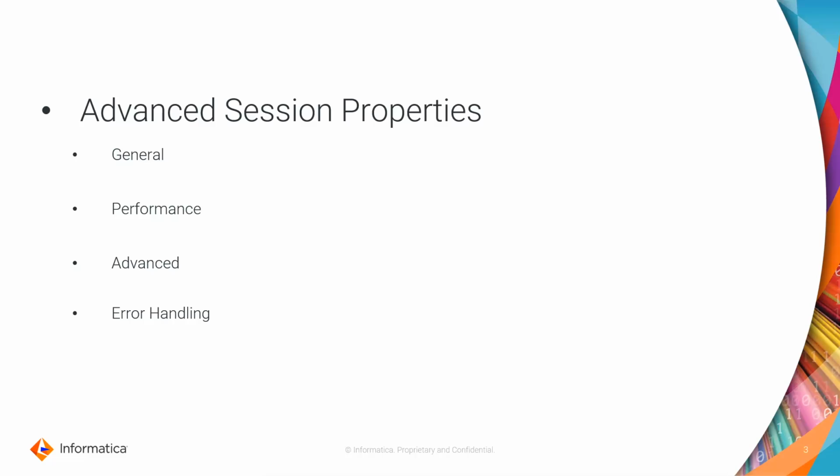The first one is the general option. Under the general option, you have things like the session log file name or the session log file directory. You have things like the source file directory and the target file directory.